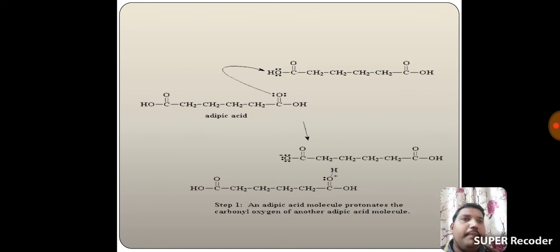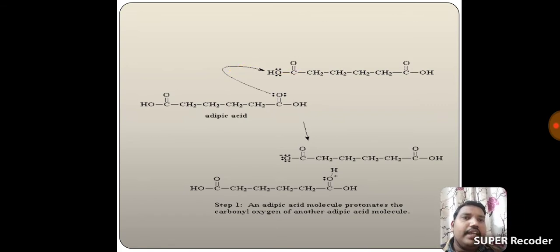See, an adipic acid molecule protonates the carbonyl oxygen of another adipic acid molecule. This is an adipic acid molecule. This is also an adipic acid molecule. From here, one electron transfers to OH.